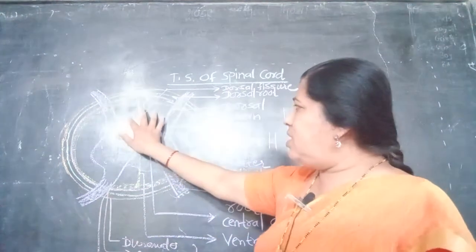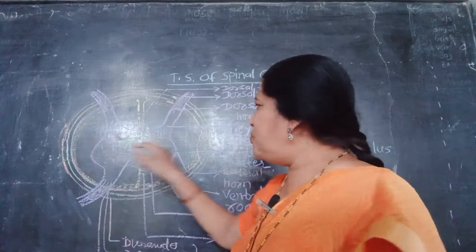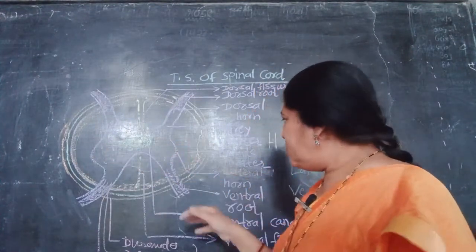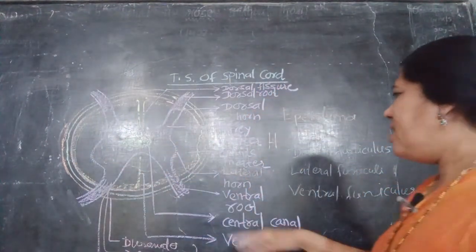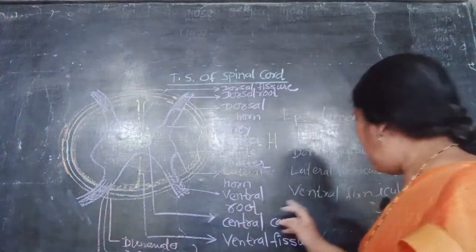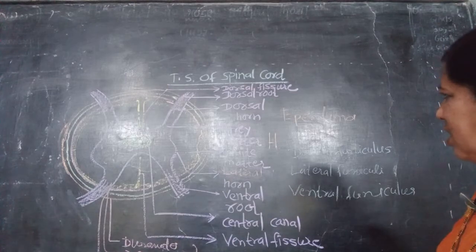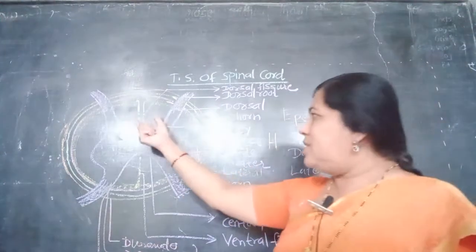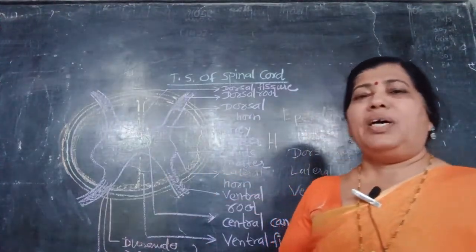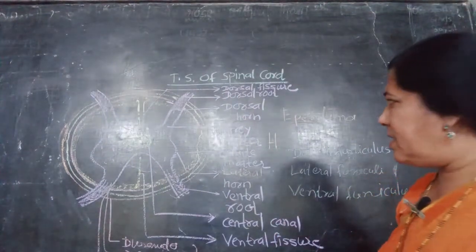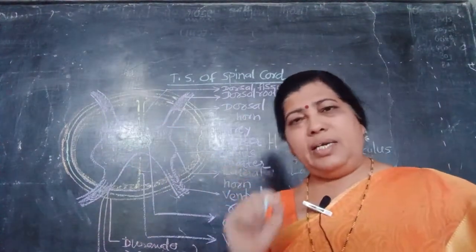See, this is the dorsal funiculus. These 2 columns of white matter are called lateral funiculi, and this column of white matter is called the ventral funiculus. In the dorsal funiculus, ascending tracts are present, meaning sensory neurons are present.